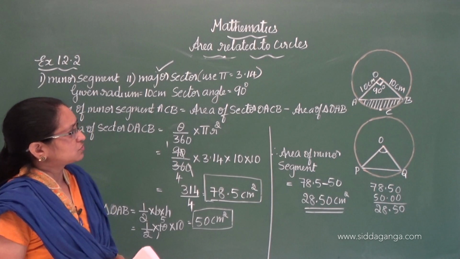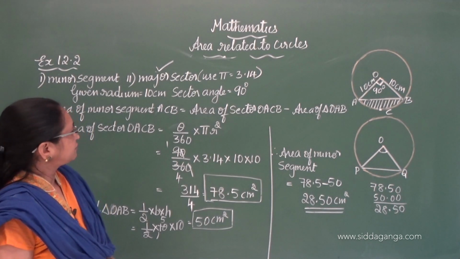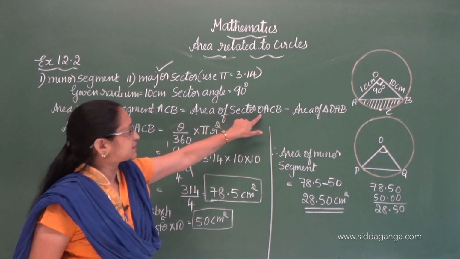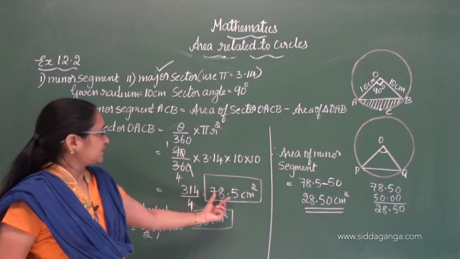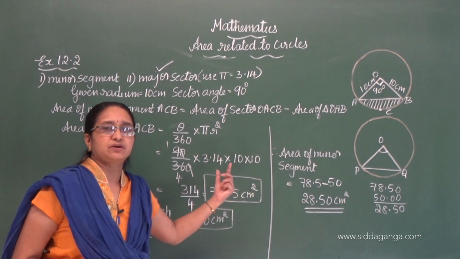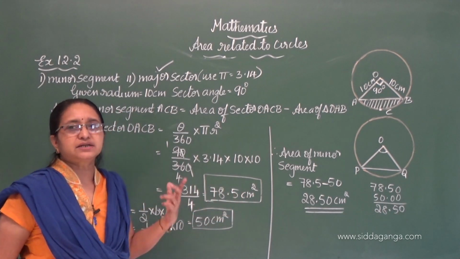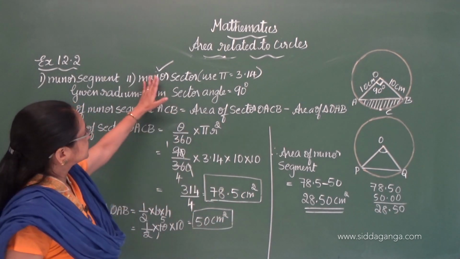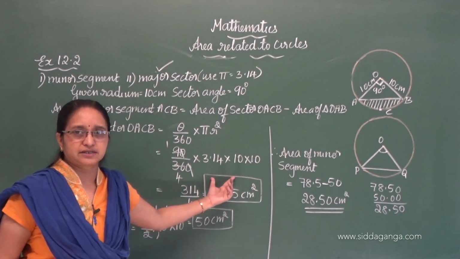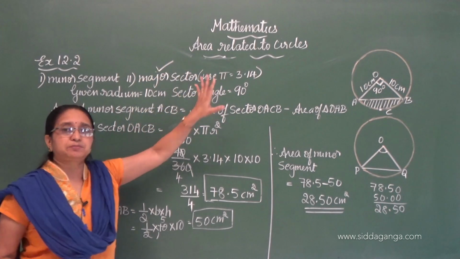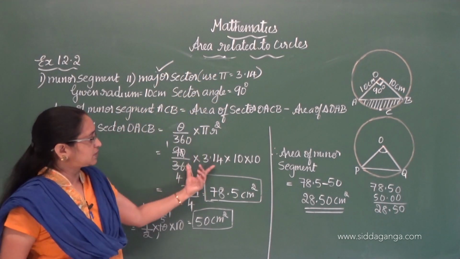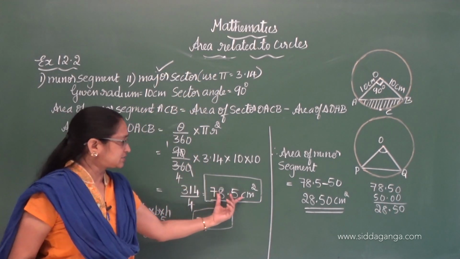Okay. Because I have already found the area of the sector here. What is the answer for the area of the sector? We have 78.5 centimeter square already. So we need not calculate once again. Since it is the same problem, we need not calculate. If it was given as a separate problem, then you have to work this out. Otherwise, the answer is here.